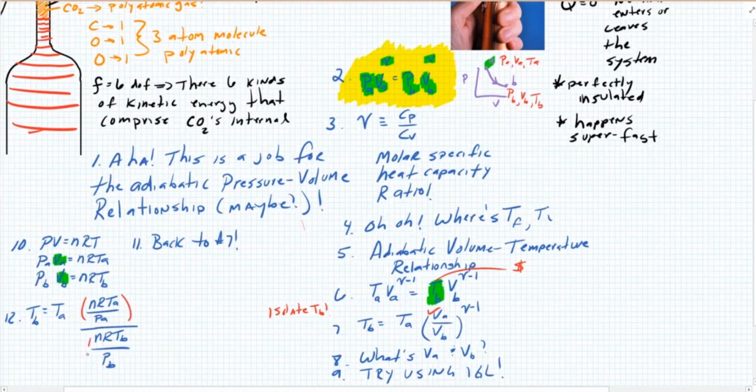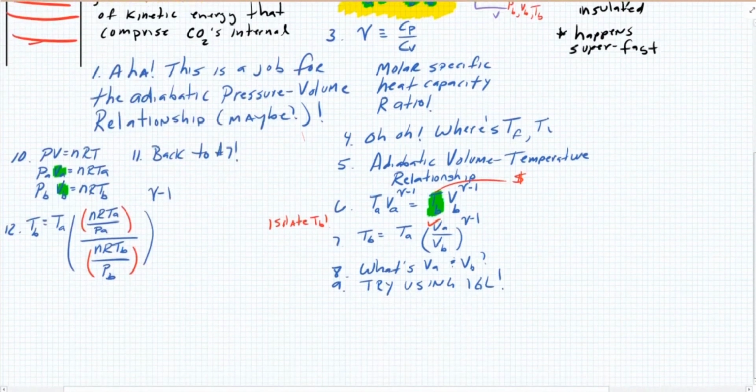Here's VB. This whole thing, thanks to the ideal gas law, is VB. So I need parentheses and to the gamma minus 1. And there's my answer, but not quite ready because there's more hammering to do.